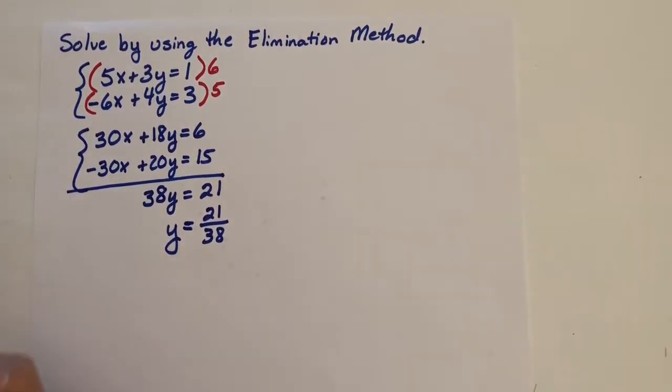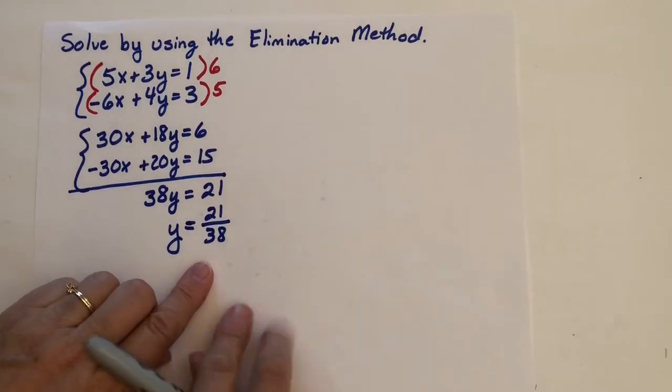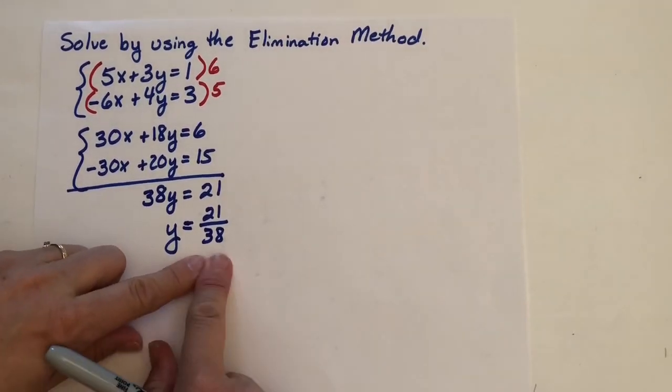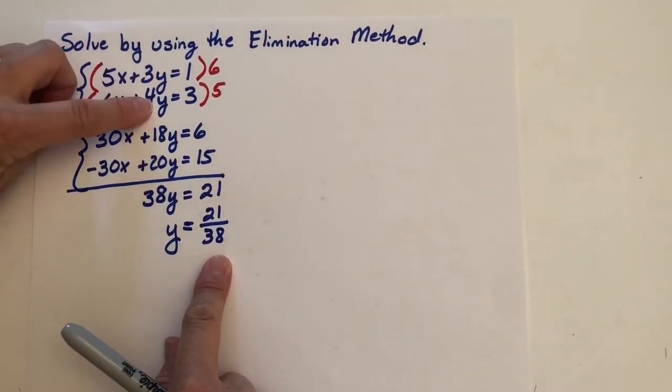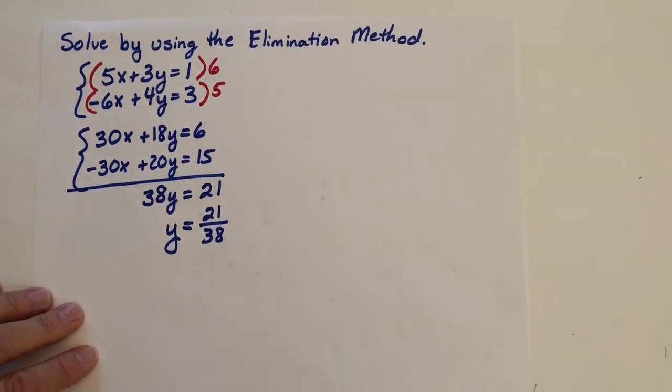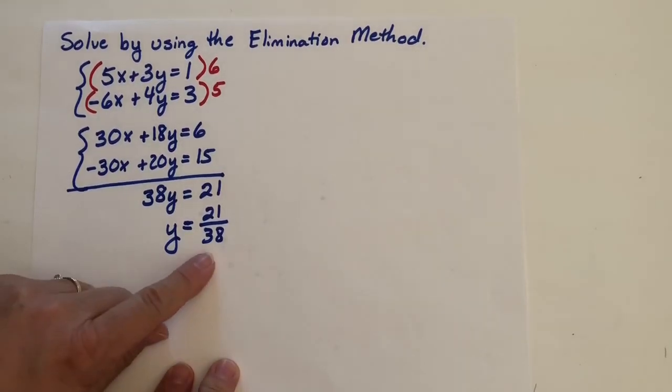Now I could continue as I did in the previous problem, substituting 21 over 38 in for y and solve for x. Totally fine. But I wanted to show you another possibility when using the elimination method, which makes it kind of nice if you don't want to substitute in this fraction.